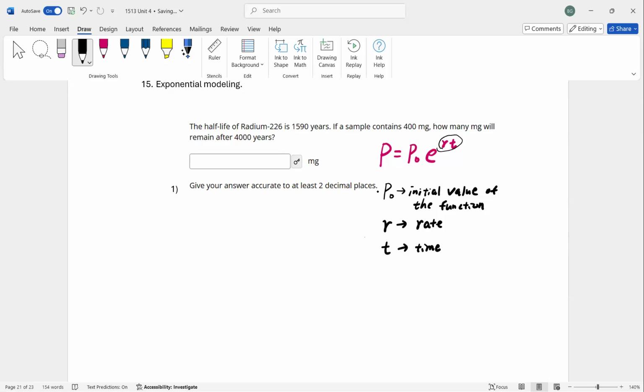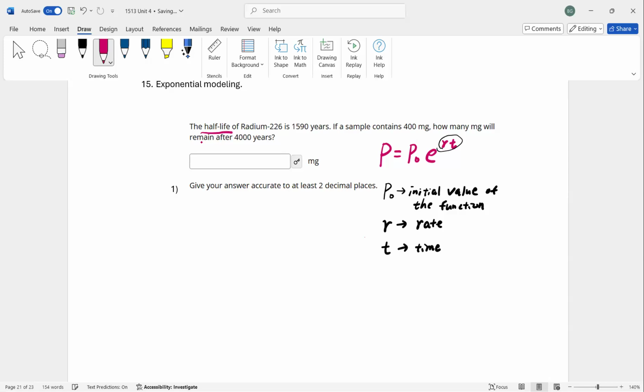All right, so the problem mentioned half-life. What does half-life mean? Half-life is the time that it takes for the substance to reduce to half of the weight.